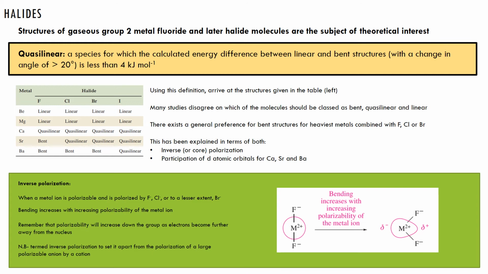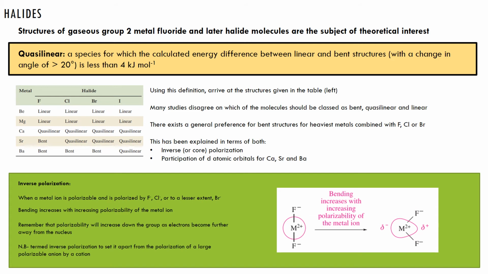Before we proceed with considering these, I just want to define what we mean by quasi-linear. Quasi-linearity is when a molecule exhibits very little difference in terms of energy between a linear and a bent structure. So for these very simple molecules in the gas phase, they've got 3 atoms in them, 1 group 2 metal atom and 2 halide atoms.